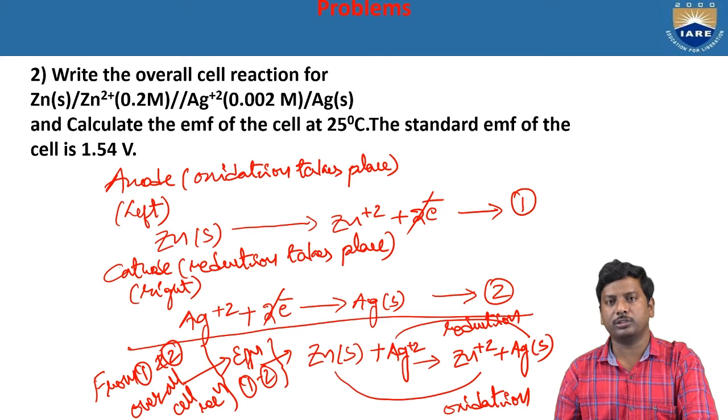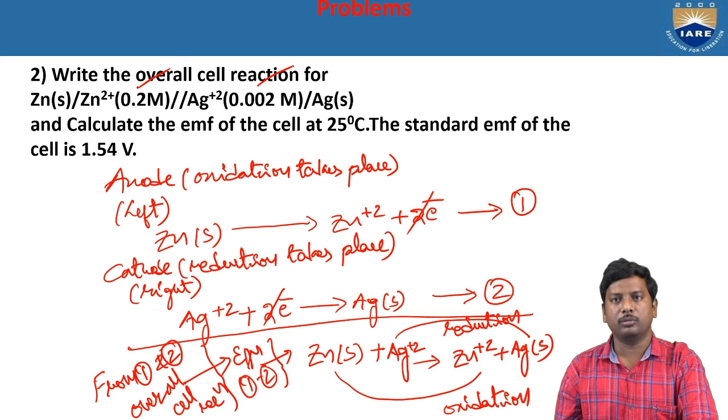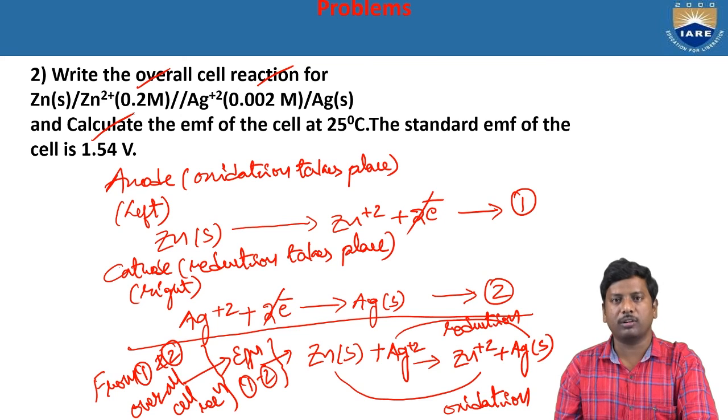Now we substitute the given values into the overall reaction: for zinc 0.2 molar and for silver 0.002 molar in the next equation. They give the standard EMF of the cell as 1.54 volts.